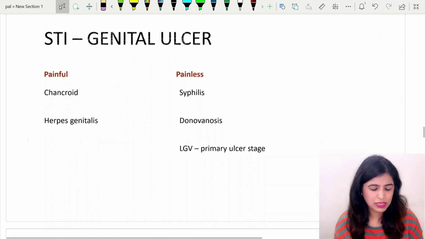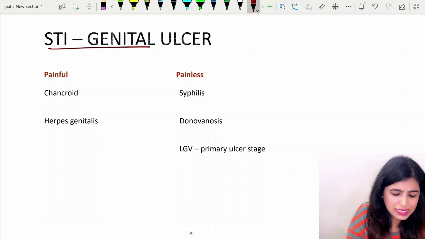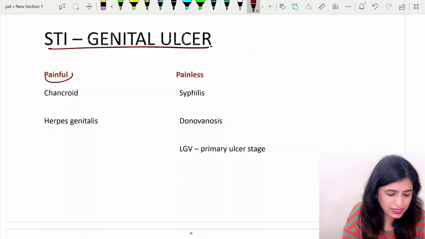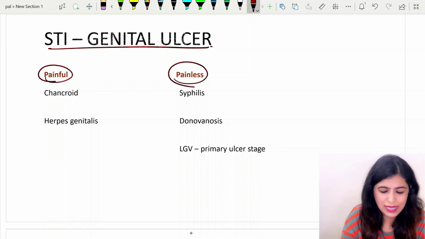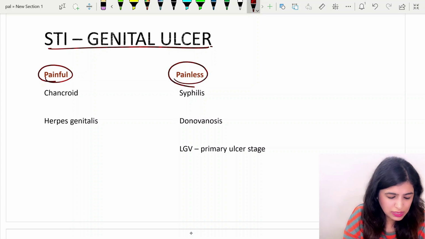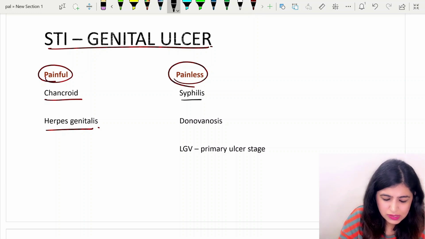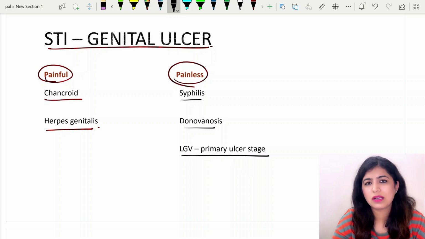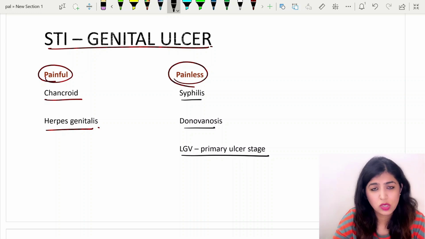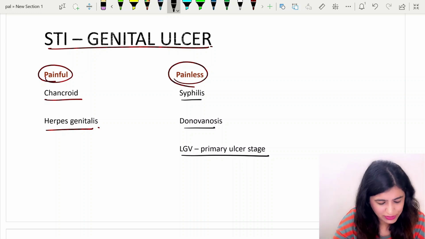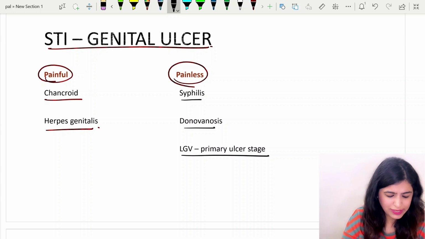Talking about the STI causes, when there are STI causes of genital ulcer, we divide them into painful ulcers and painless ulcers. Painful ulcers include the chancroid and the herpes genitalis. Painless ulcers include syphilis, donovanosis, and the primary ulcer stage of LGV. So painful is chancroid.